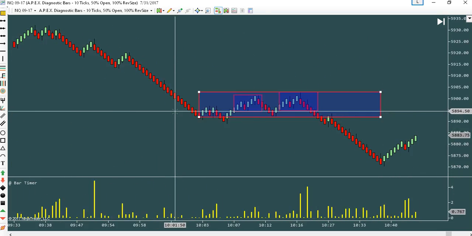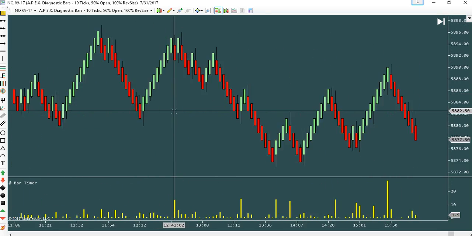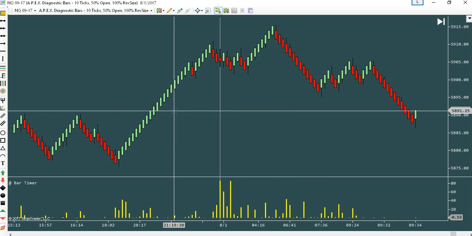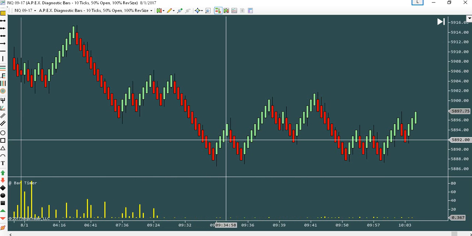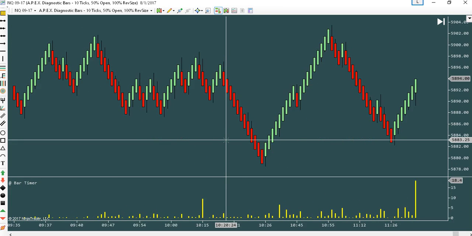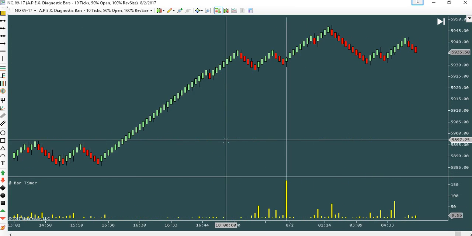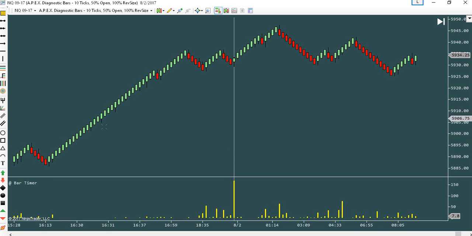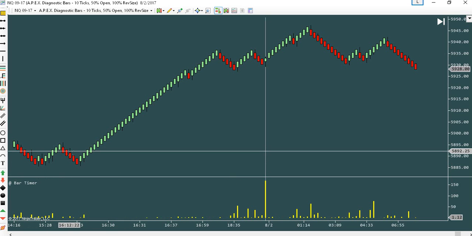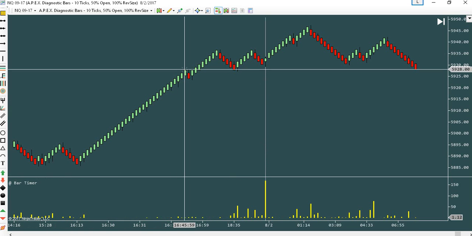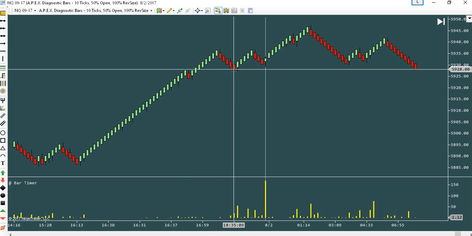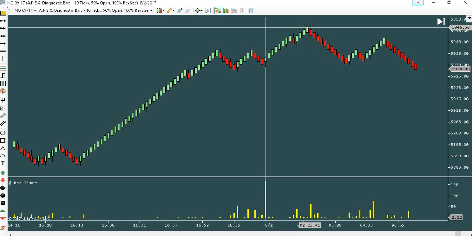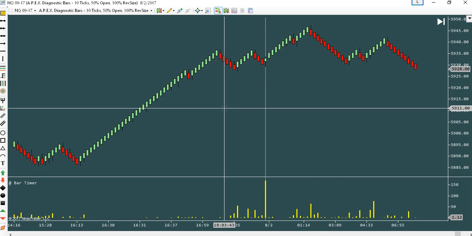Now, I think everybody has a pretty good understanding of, well, how do I identify a trend? Well, trends, first of all, they're not chopping. The bars aren't taking forever. On an uptrend, you've got the market moving up and pulling back, making a low, pulling higher, making a low. You've got higher highs and higher lows on an uptrend.